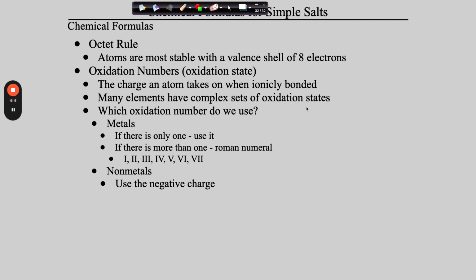Let me show you an example. Go ahead and write this down first. All right, if you look at chlorine, element number 17: +1, +3, +5, +7, -1. But guys, chlorine is a nonmetal.